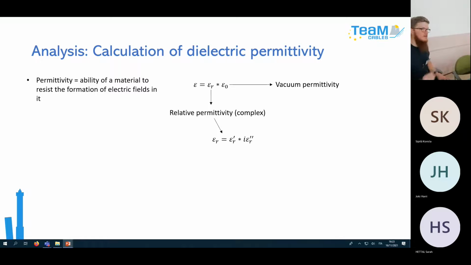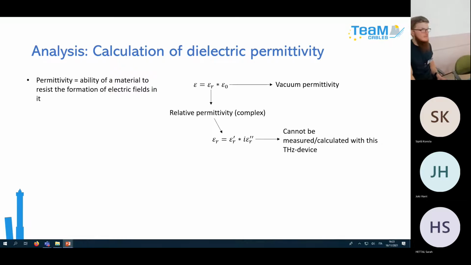Now we got a little issue here. In contrast to Unibo, who are able to actually measure and calculate epsilon r prime and epsilon r double prime, we can't do that with our time domain spectroscopy with this terahertz device.